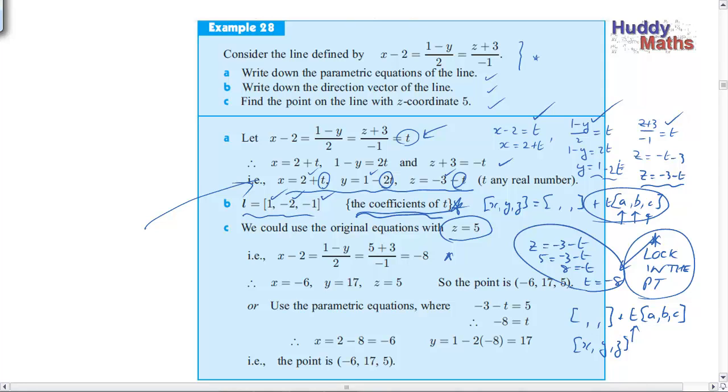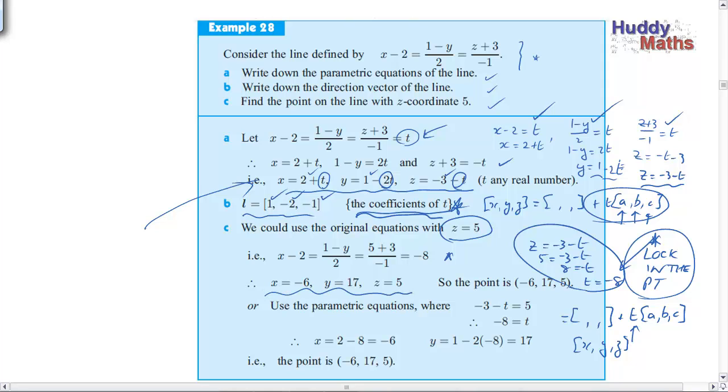As soon as you specify a value of t, you're locking down the line. You've stopped the growth of the line, because t allows it to grow. That's a way of thinking, not a way of writing it mathematically, however. It's a Huddyism.